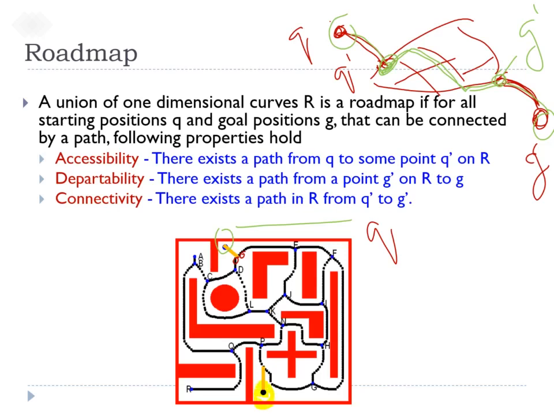And then it can be connected to the roadmap, which is a black curve, a union of various curves. And then we can find a path between the starting position Q prime on the roadmap to the end position G prime on the roadmap. And from G prime we reach G. This is known as a roadmap.